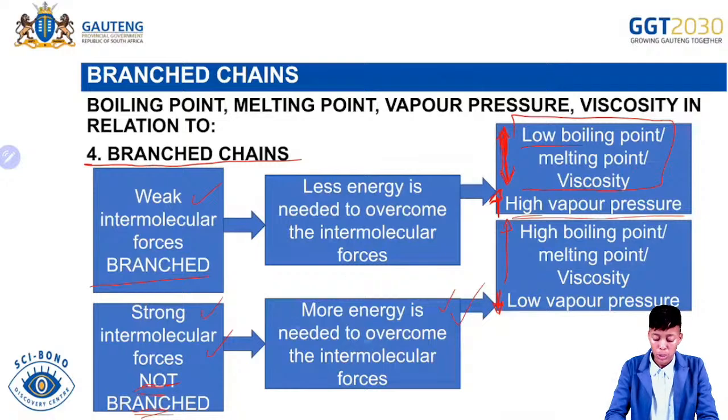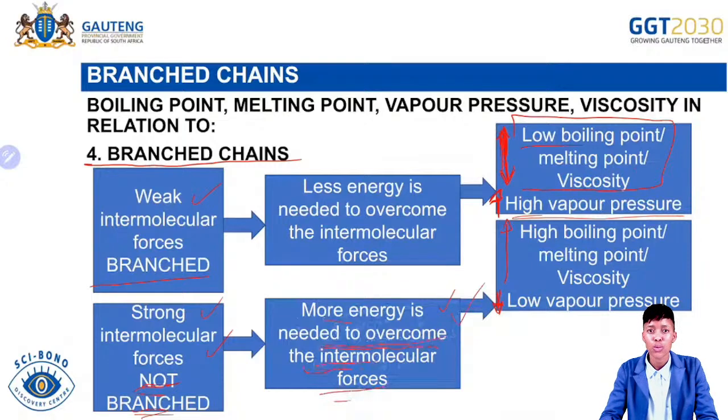So maybe just to also clarify on this one, on the more energy is needed to overcome the intermolecular forces. Remember, we do not break the bonds. So the correct words for you to use will be more energy is needed or is required to overcome, not to break the bonds.